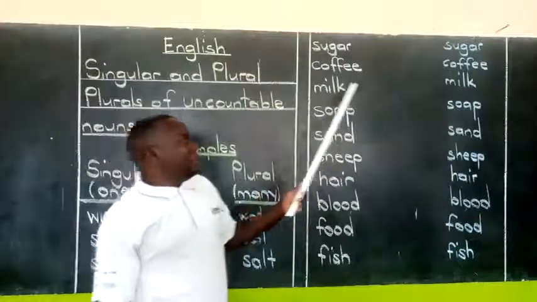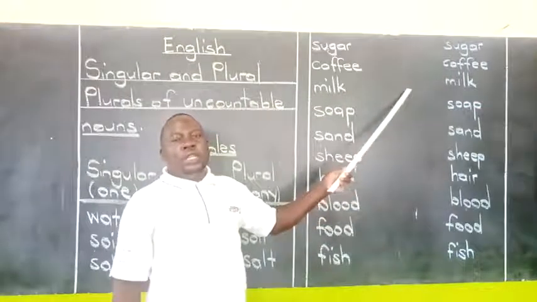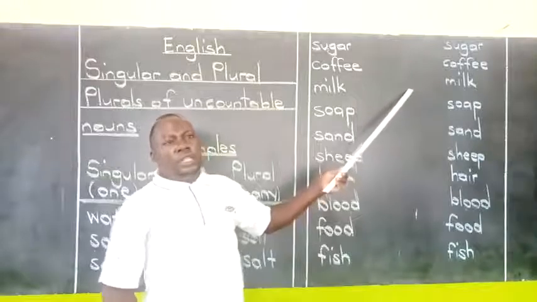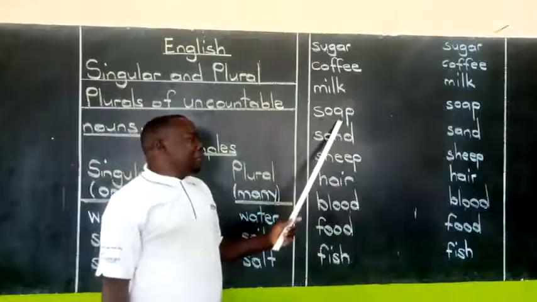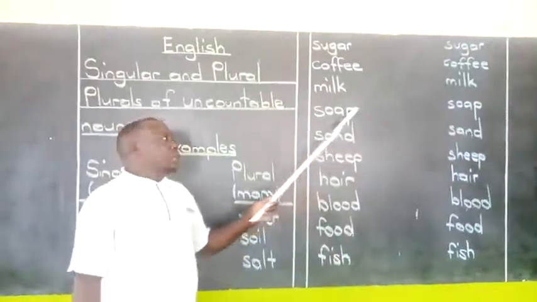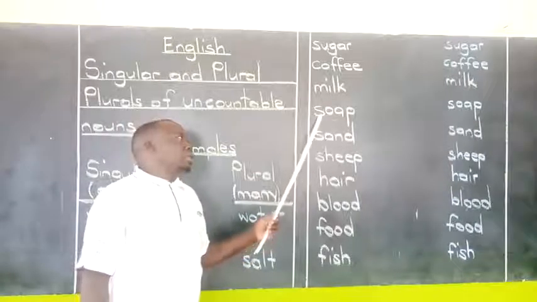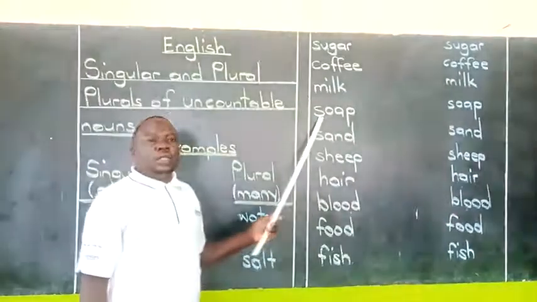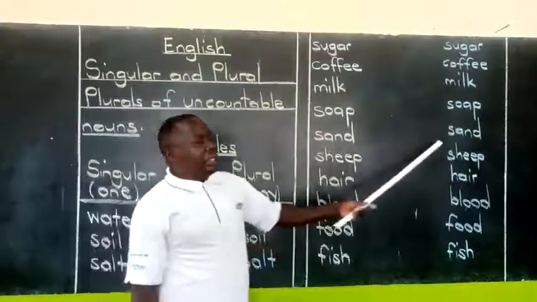Milk, plural, milk. It can be measured in liters and milliliters. This is a liquid form. Soap, soap. Soap can be measured in grams, kilograms, and even if you are to count, you can count it in pieces. Sun remains sun.